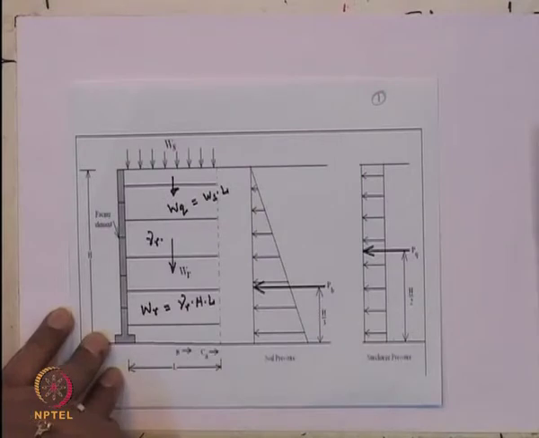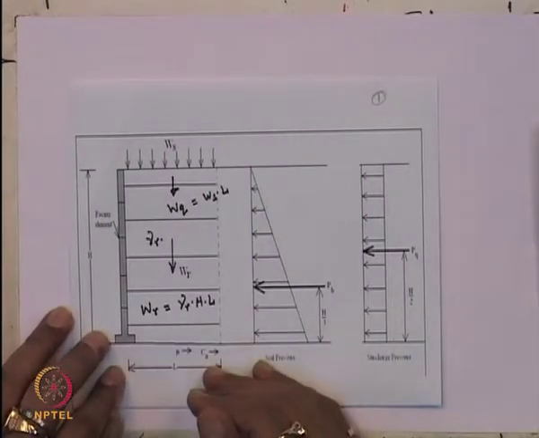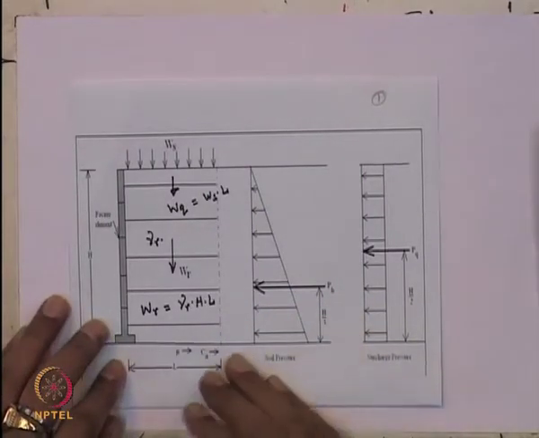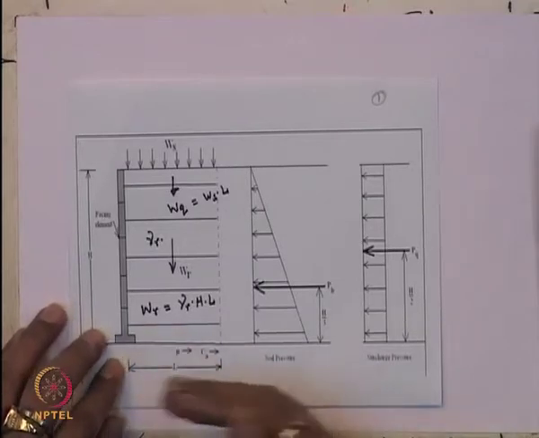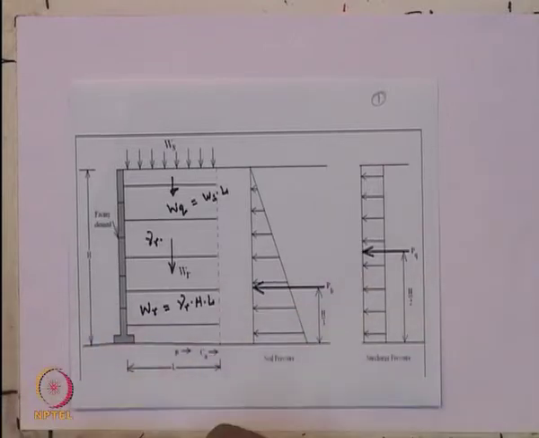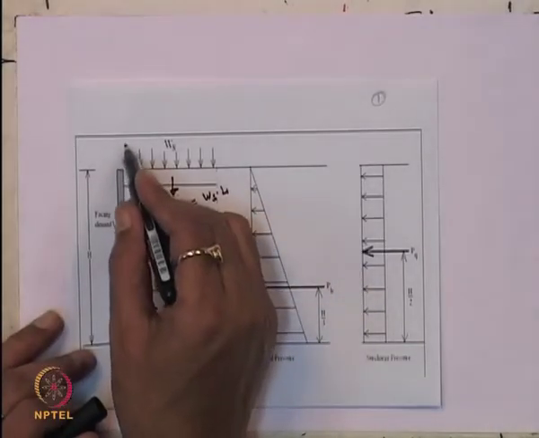Now if the wall slides, you have to calculate the factor of safety against sliding. The wall may move in this direction.